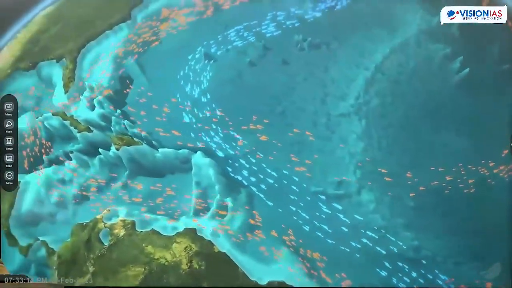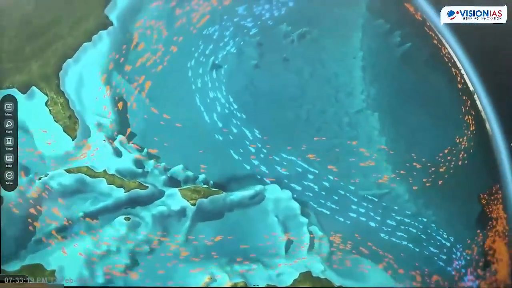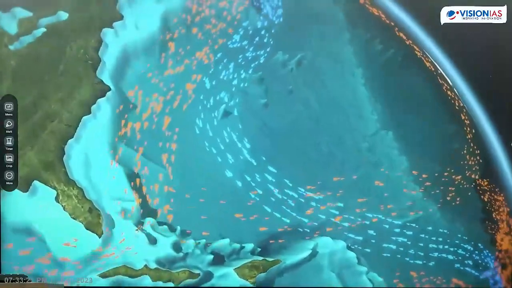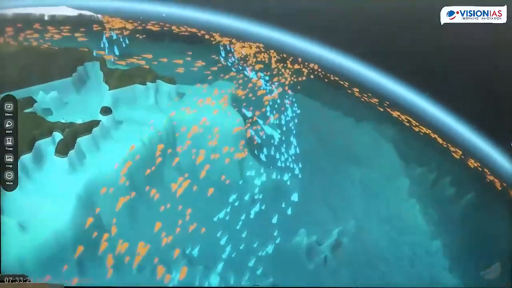It continuously moves from one part of the ocean to another. It will not follow the same path taken by the surface currents. It is not necessary that it has to follow the same path. Sometimes it follows, sometimes it will not.